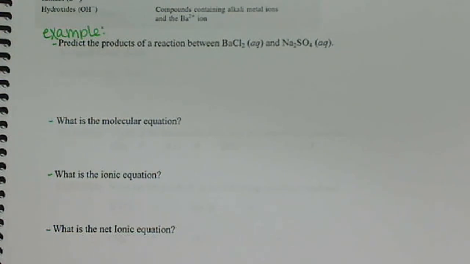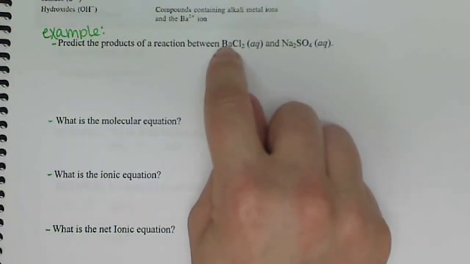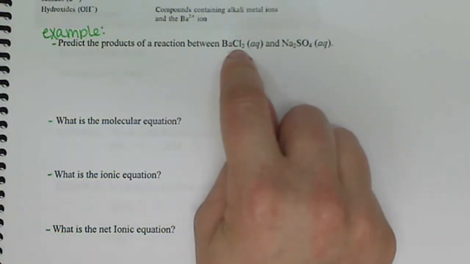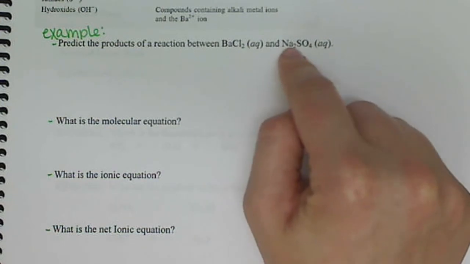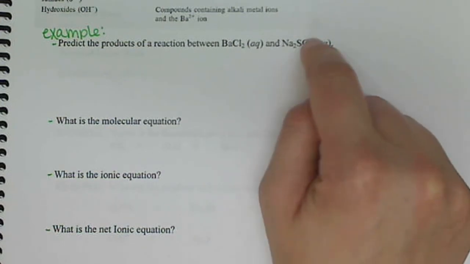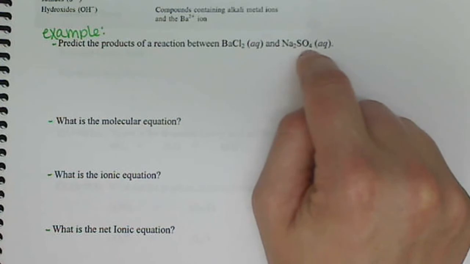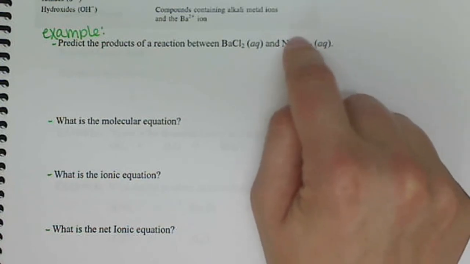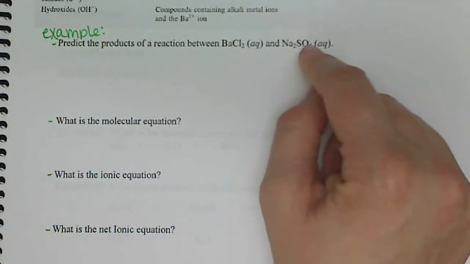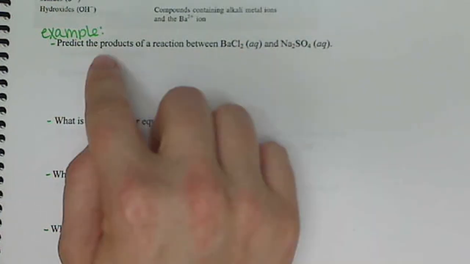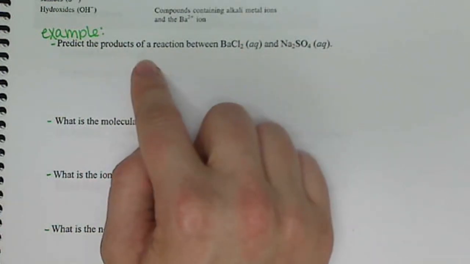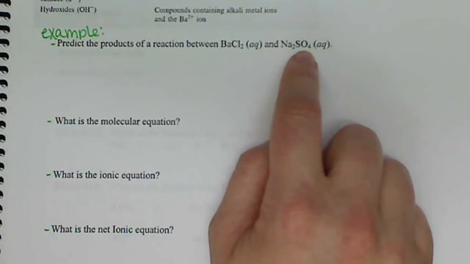This is called a double displacement reaction. So what's going to happen is we have an ionic compound here, so a positive and a negative. We have another ionic compound, a positive with a negative. Remember, SO4 is a polyatomic ion, so this as a whole is negative. If a reaction's going to occur, the only thing that they can do is swap partners.